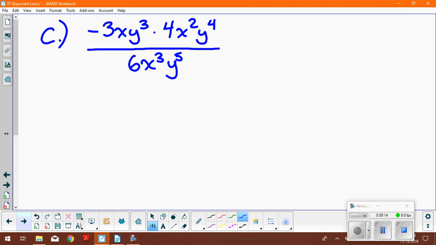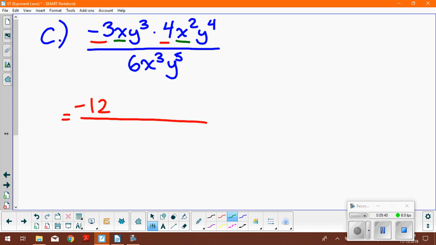When you have a whole bunch of them, basically you're trying to do some BEDMAS type stuff and do things in order. Because I have a fraction, I'm going to start by tidying up the numerator. I've got negative 3 times 4, so that's negative 12. I have x and x squared.